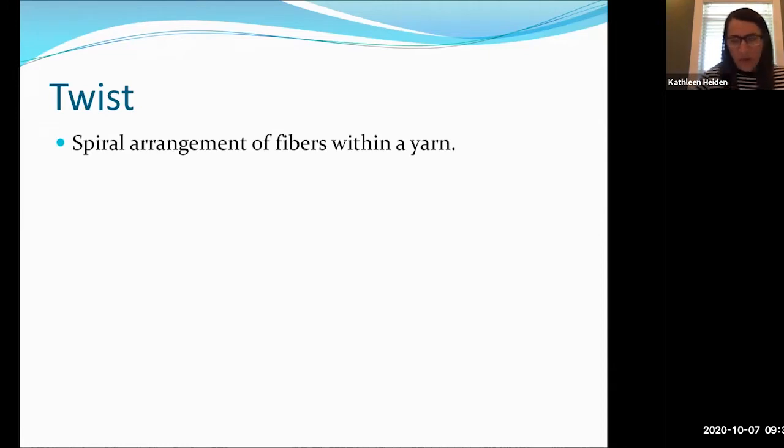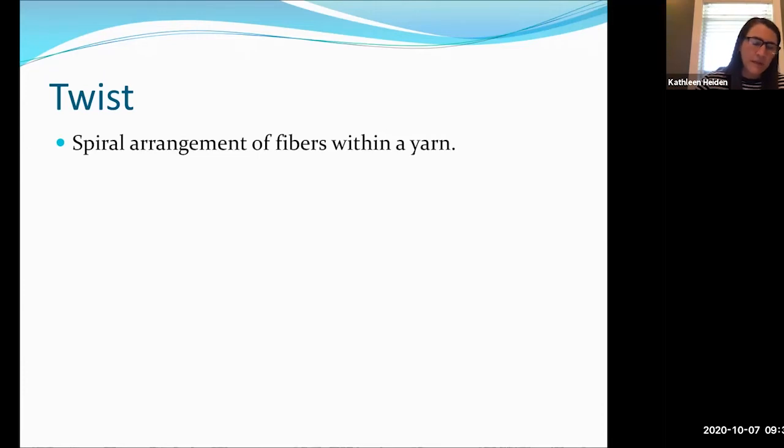A yarn twist will impact the appearance of the yarn along its length, the fineness of the yarn, its strength, and its absorption. Fineness and strength increase with an increase in the amount of twist.